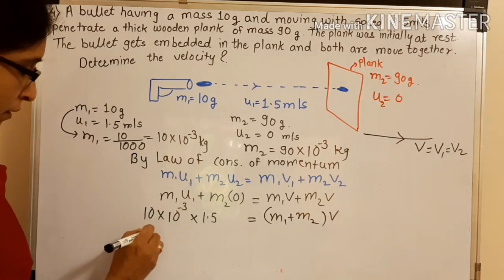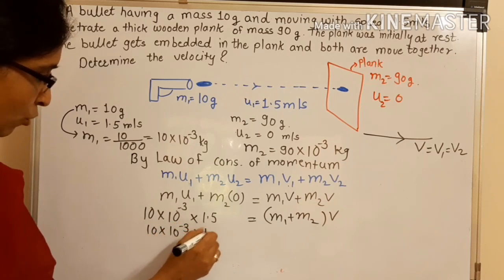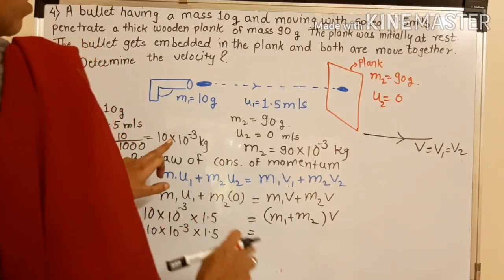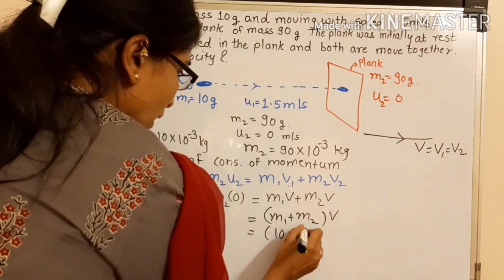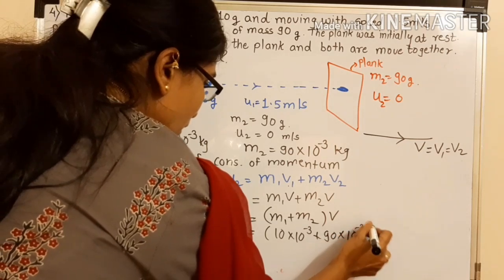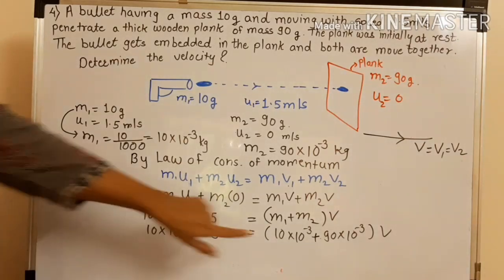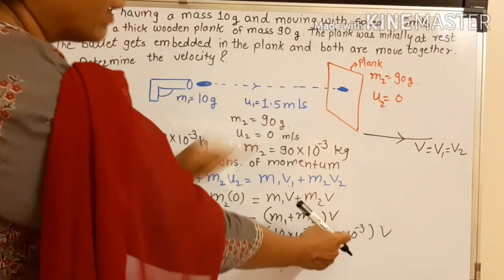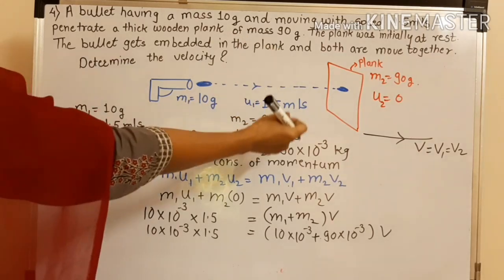Now write here 10 into 10 raised to minus 3 into 1.5 is equal to 10 into 10 raised to minus 3 plus 90 into 10 raised to minus 3, into V. M1 means the mass of the bullet, M2 is the mass of the plank, and 10 raised to minus 3 is the conversion from gram to kilogram.